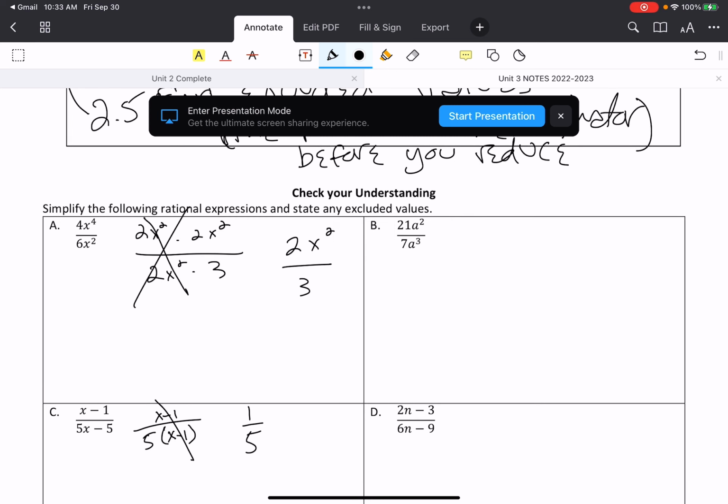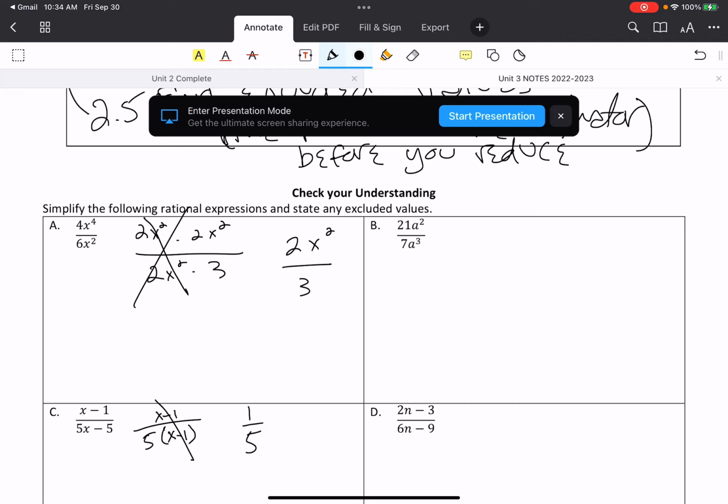Okay, now let's go here. I want us to double check what we did on A. Should we have had an excluded value? Is there a possibility of a divide by zero error anywhere in my process? Yes, there is an excluded value. What's the root of x squared?